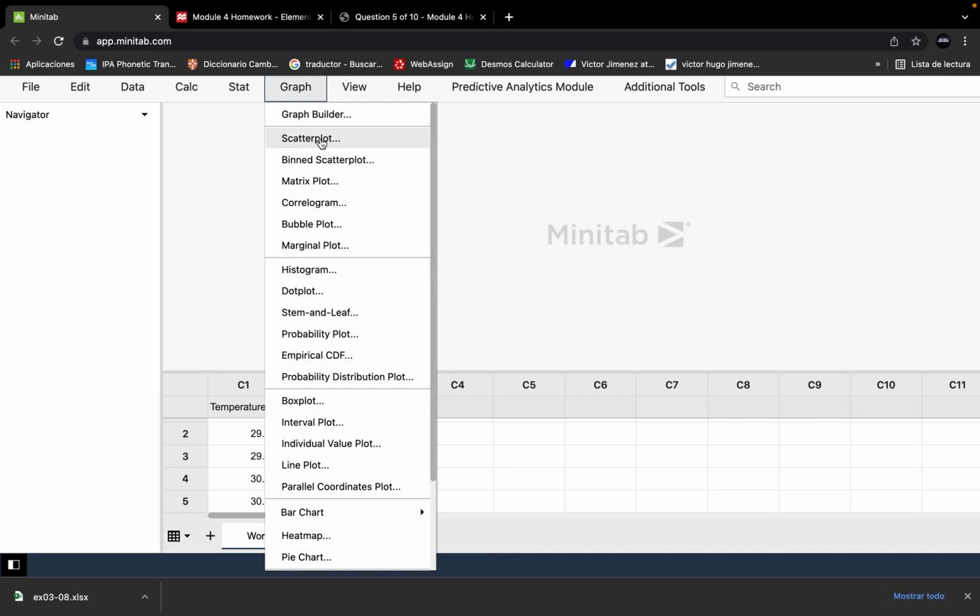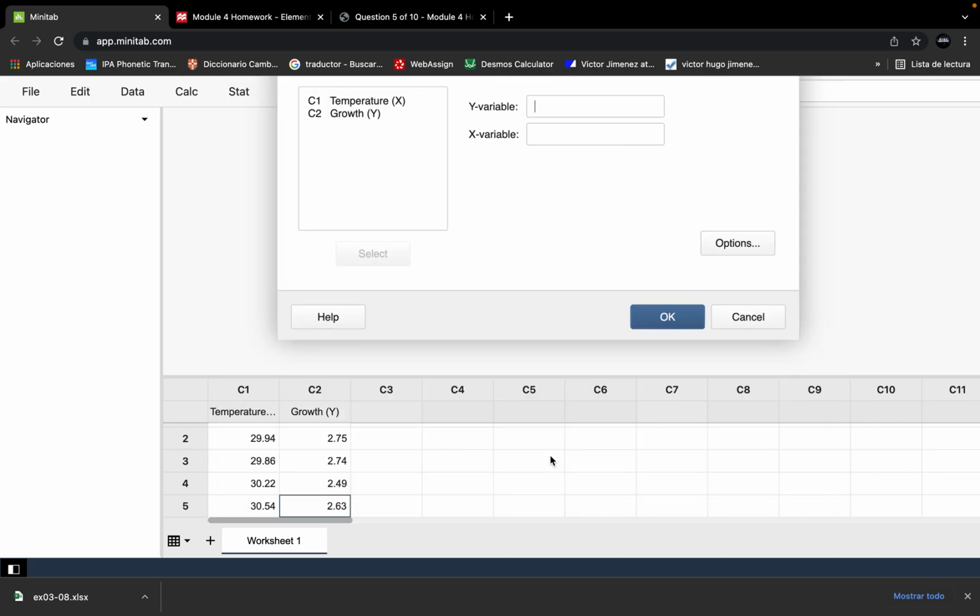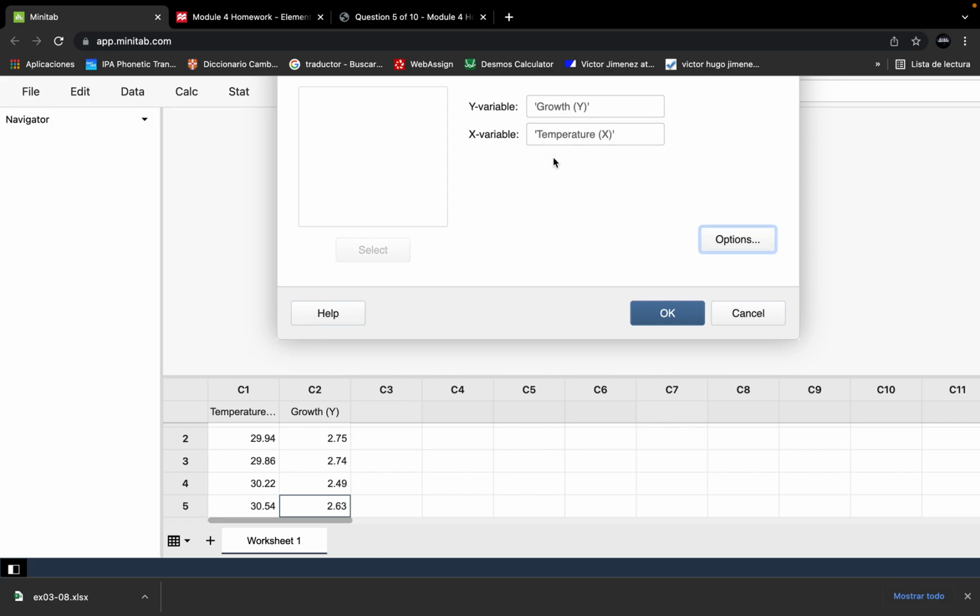You see this one is the second option. Click there, only Simple, nothing special here. And then you will have to indicate what the Y variable is and what the X variable is. That's what I labeled: Y variable is growth, double click, and X variable is temperature, double click. There you have it. And then OK.